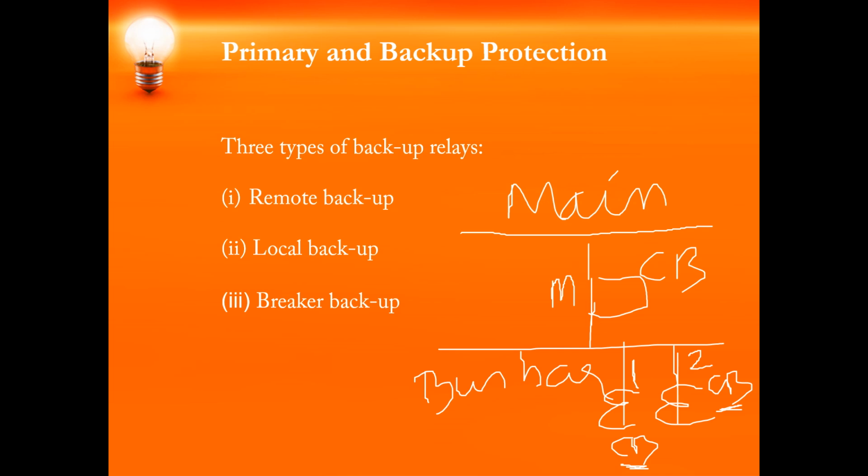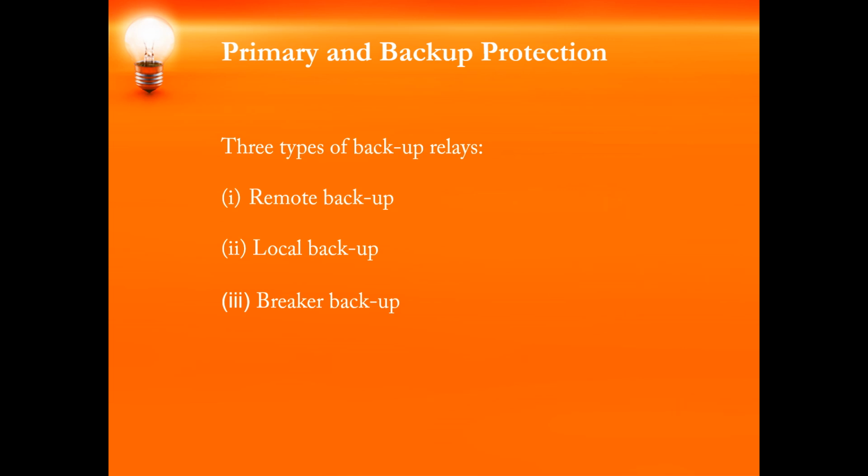So there are three types of backup protections. One is remote backup, the other one is local backup, and the third one is breaker backup. We will see each of these one by one. In the case of a remote backup, you will have two protection systems.